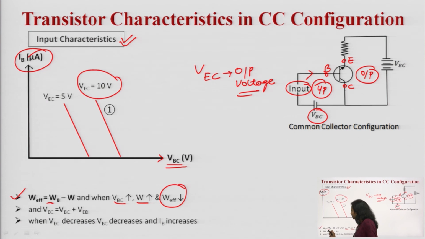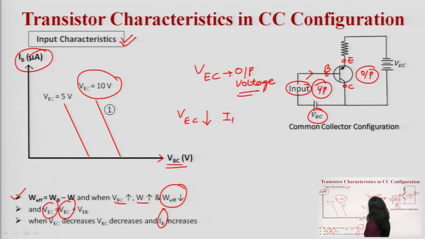So when VEC decreases, VBC also decreases, because VEB is some fixed value, and IB will increase. It means when you are decreasing VEC, IB will increase, and when you are increasing VEC, IB will decrease.